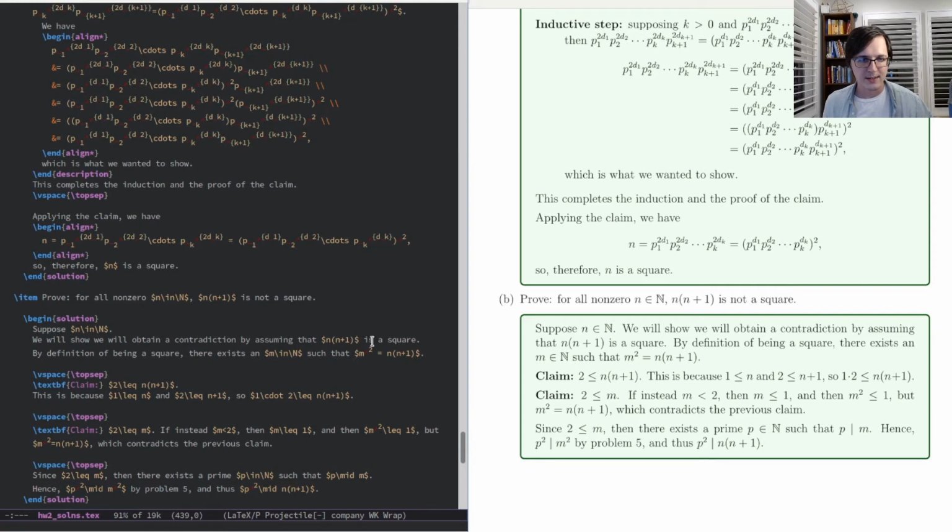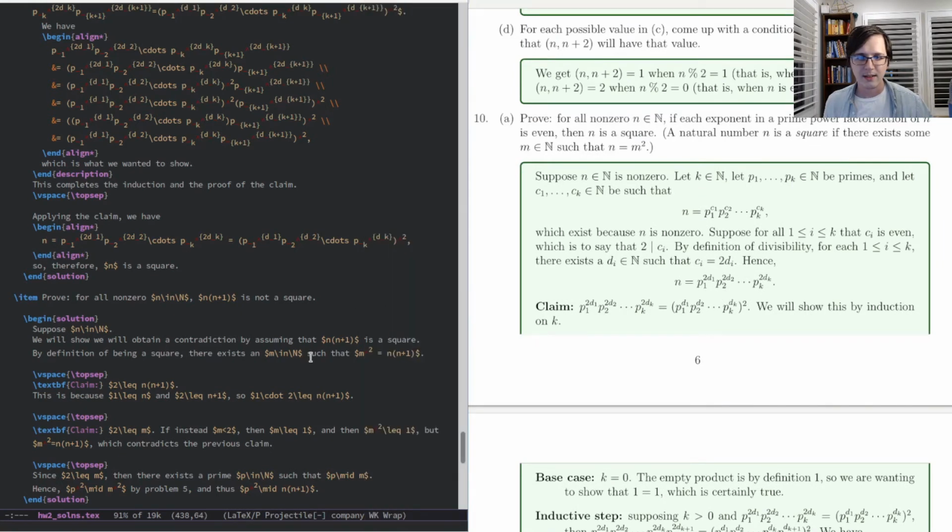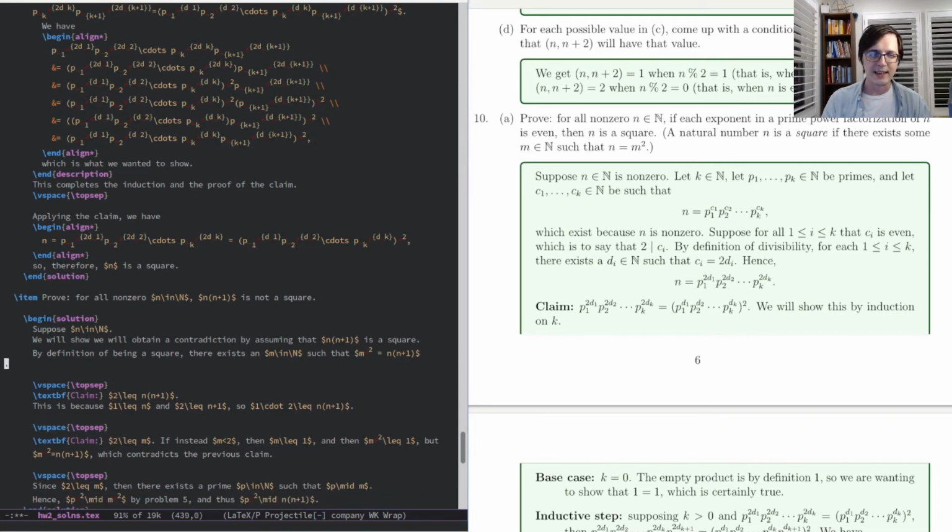Okay, we assume it's a square. Or maybe we're not really going to use the previous problem. It's just sort of a reproof, I guess. So we've got this. I think we didn't need any of that other stuff.